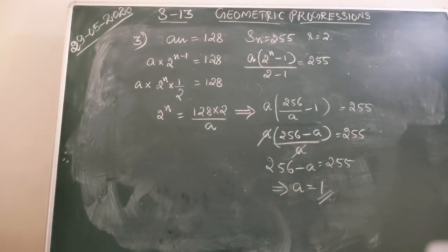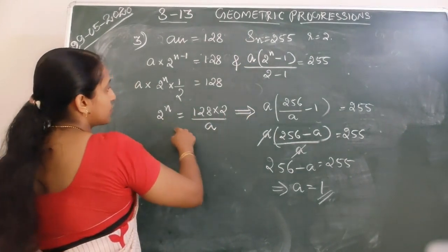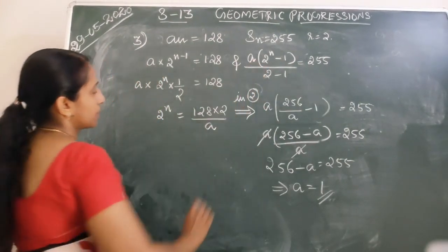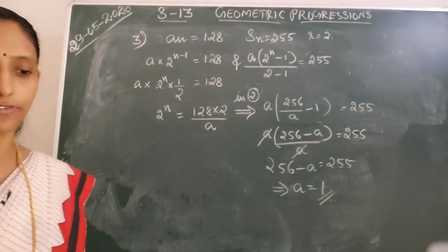We are having 2 terms given, so I am substituting this 2 to the power n in the second equation. Then you are getting the value of a.